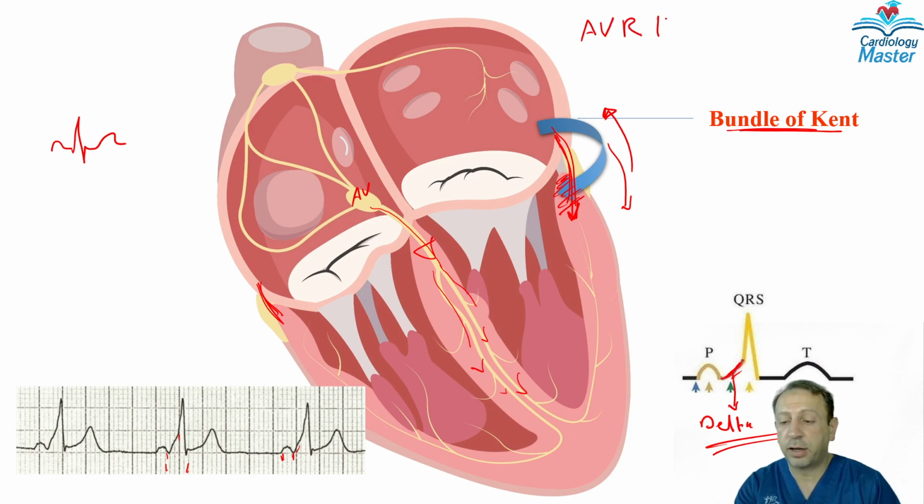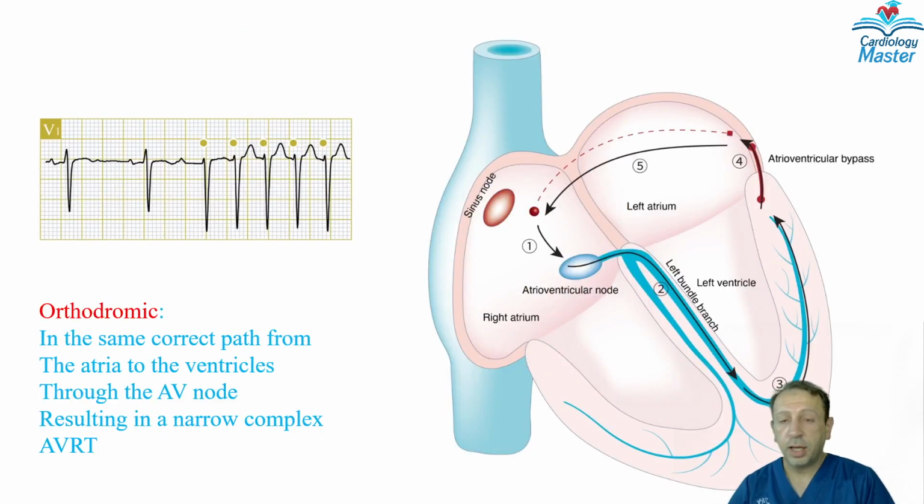Atrioventricular re-entry tachycardia will not occur without the presence of this accessory bundle. But how can it manifest on the ECG? That depends on the route of transmission of the tachycardia and the route of the loop itself. So let's say this is the bundle of Kent, the accessory pathway.